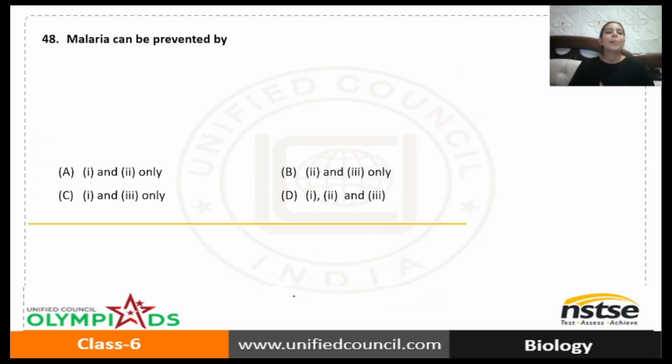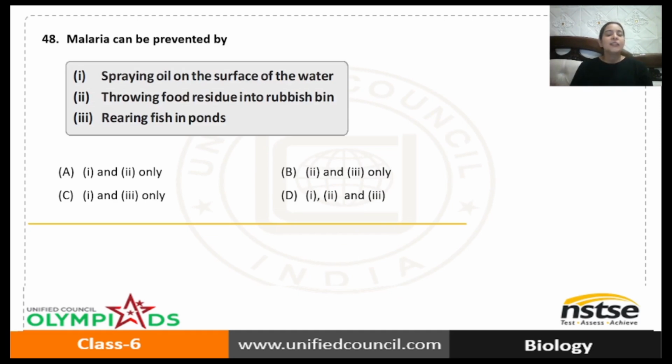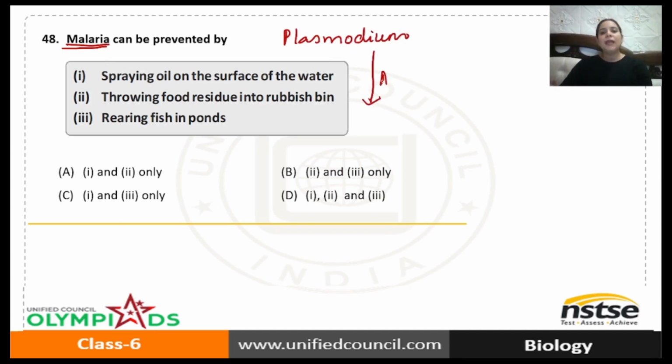Next question. Malaria can be prevented by, how can we prevent it? Spraying oil on the surface of water, throwing food residue into a rubbish bin, or rearing fish in ponds. Now we all know that malaria is basically caused by a protozoan called plasmodium, and it is transferred to us by the Anopheles mosquito.